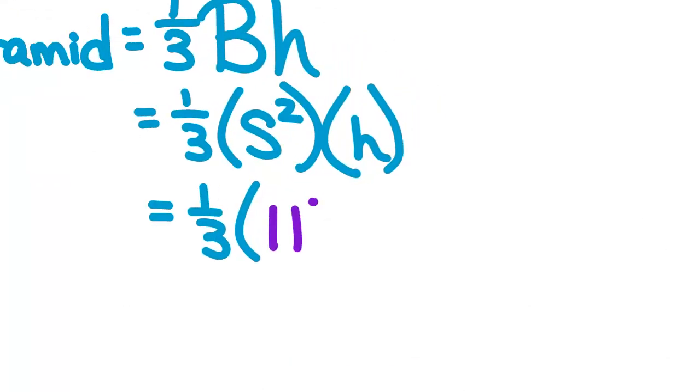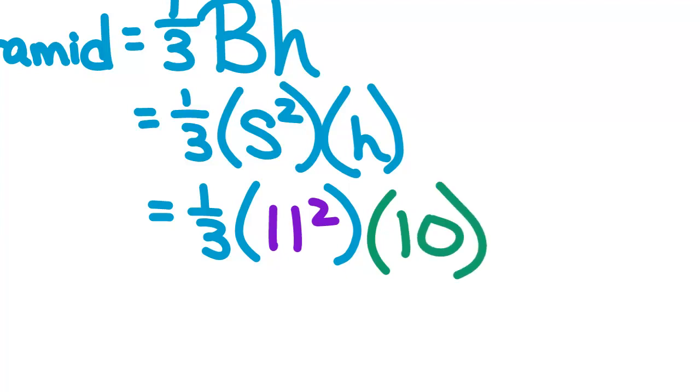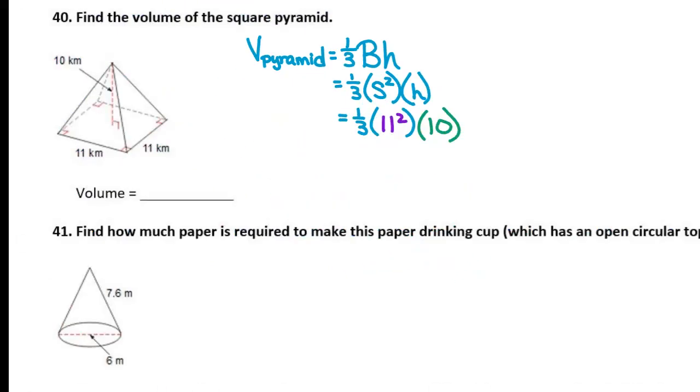11. So 1/3 times 11 squared times the height of the pyramid, which is 10. So 1/3 times 11 squared times 10, and we get what?